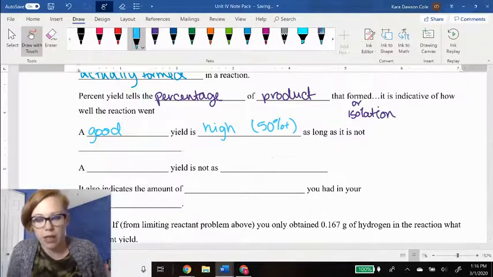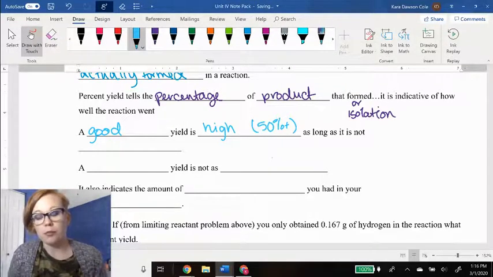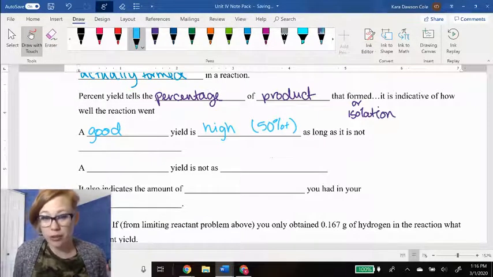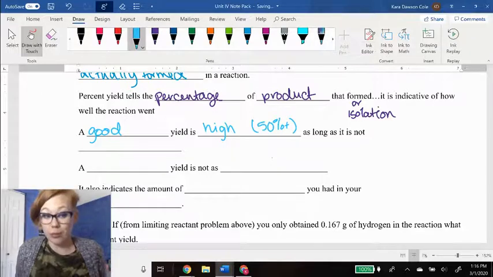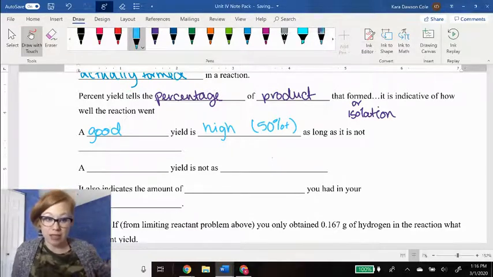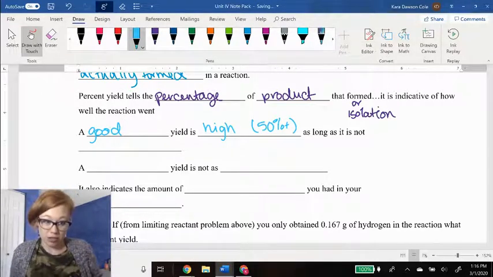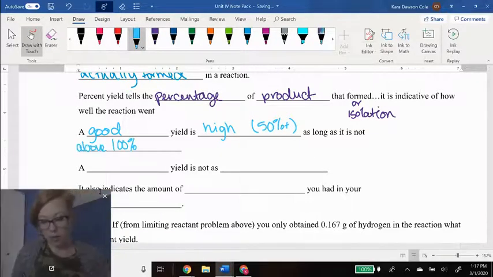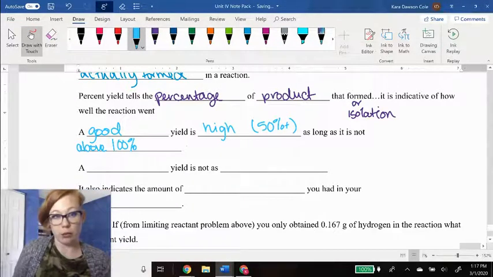It depends on the reaction, right? So it's a high yield as long as it's not above 100%. So a yield above 100% means that I've got something extra that's still in my mixture. So I've got some sort of contaminant that is in my pure substance. Okay, so as long as it's not above 100%, we're good.